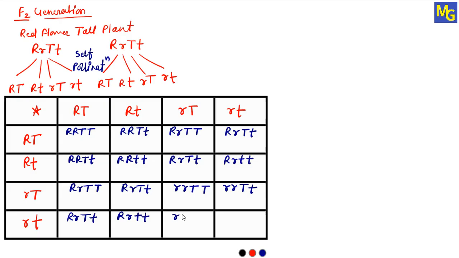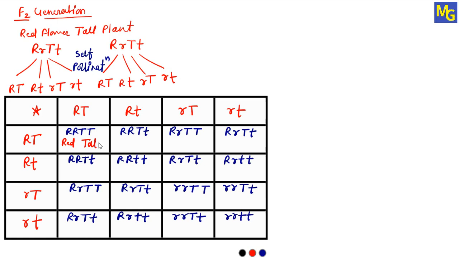So here I have completed this checkerboard. Now by seeing the dominant and recessive genes, you have to write the physical character. Like if you see here in the first box, capital R, capital R, capital T, capital T means both are dominant. So here we are going to get red color and tall.